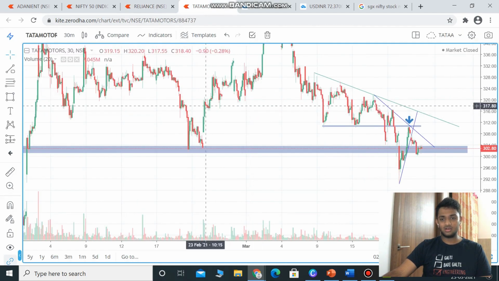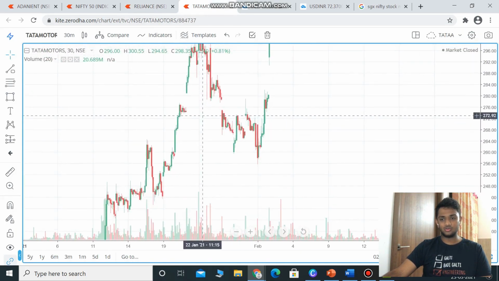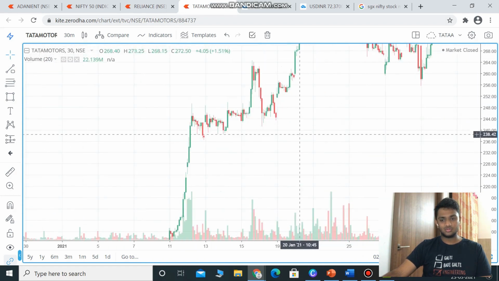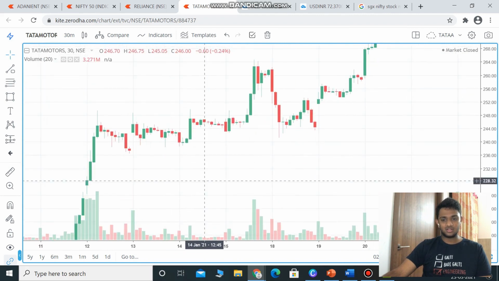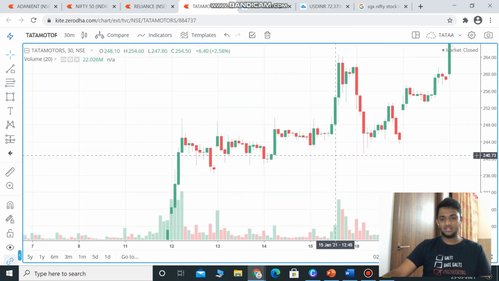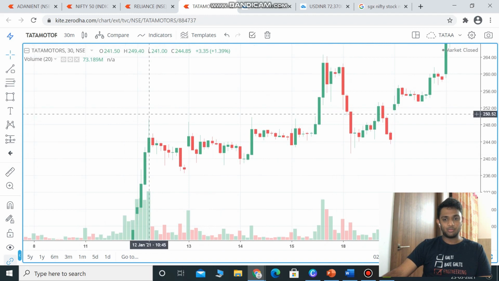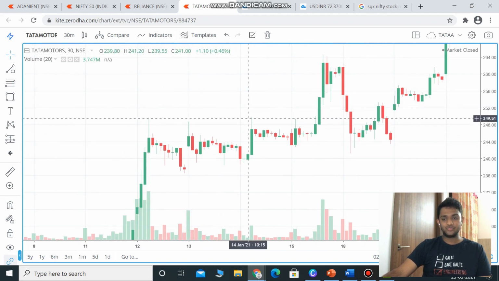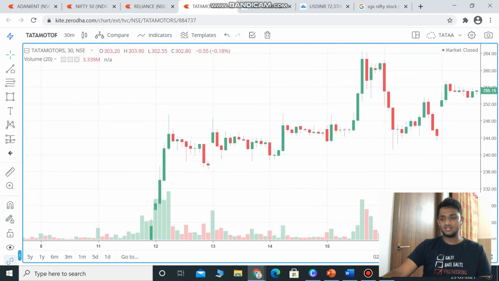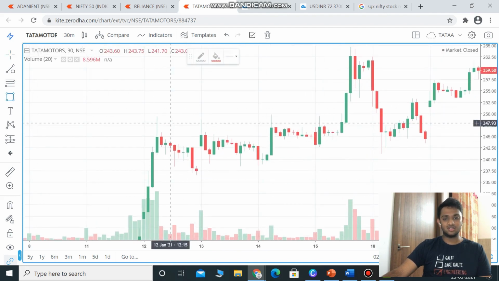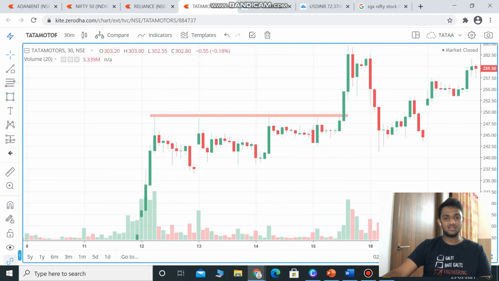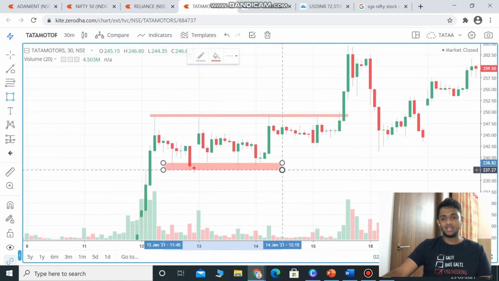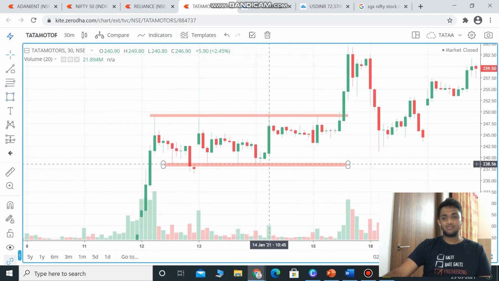Okay, with Tata Motors, let me go with Tata Motors. If you consider these as main points, 1, 2, 3, 4, this as my support and resistance, where people start selling at this resistance, people start buying at this place.